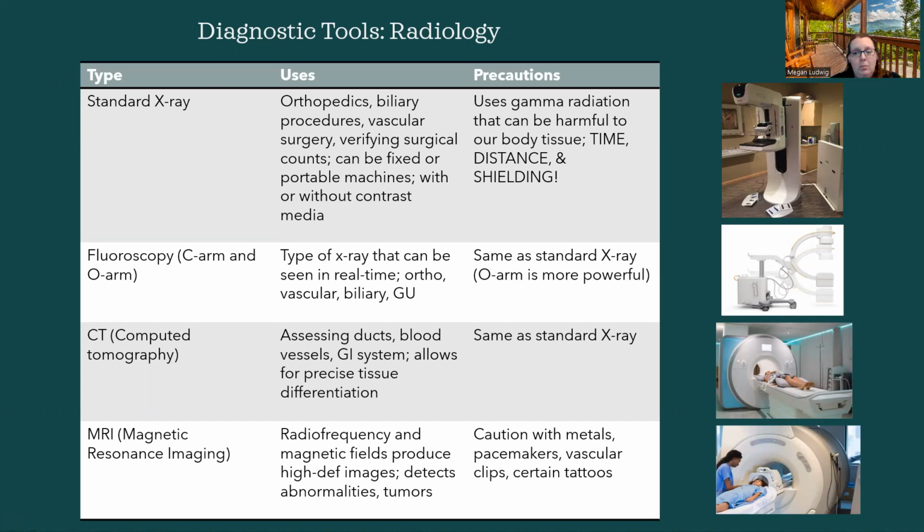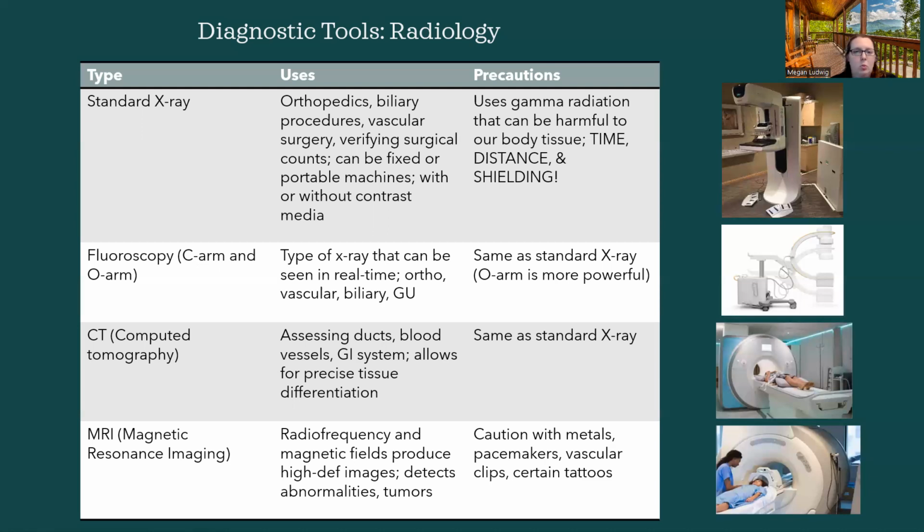Orthopedics is very common, like that previous image that let you see that broken bone. It can also be used to see biliary structures. A biliary structure is anything that pertains to the liver, the tubes, the ducts going to the gallbladder, the pancreas, and then into the small intestine. So things like your gallbladder, common bile duct, hepatic duct, those are all part of the biliary tree.